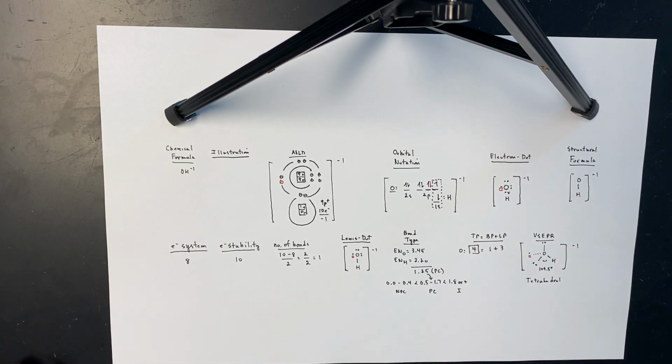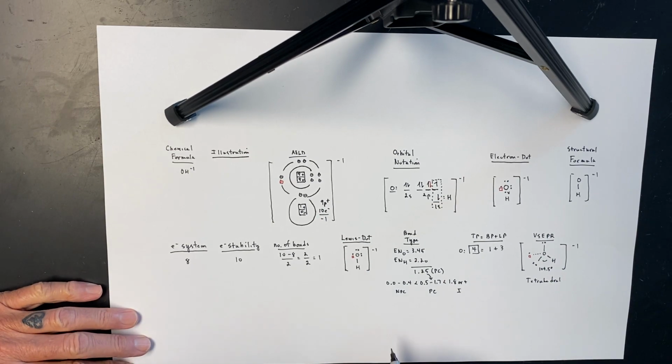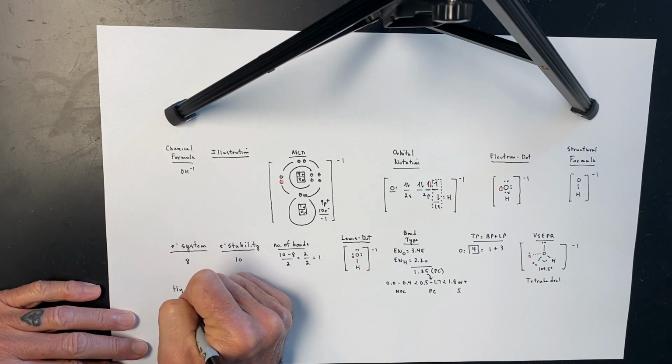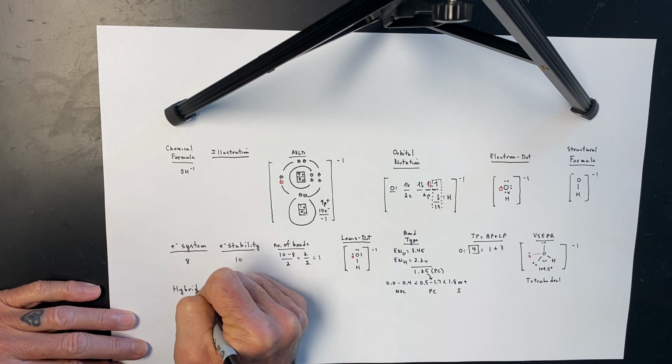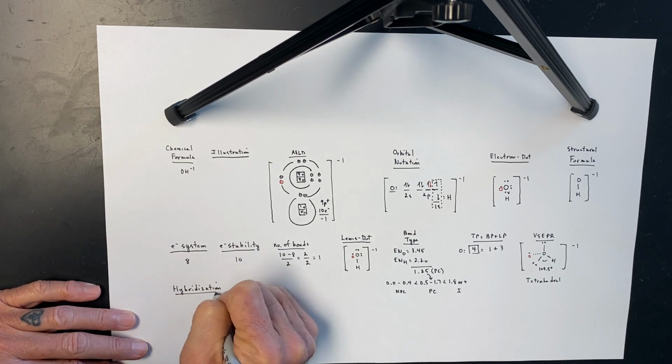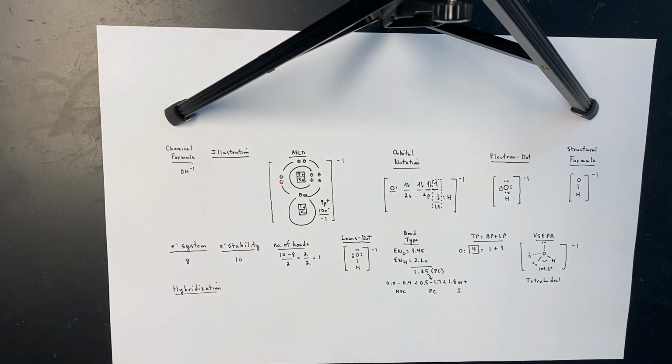So we're going to move on from VSEPR to the companion theory, which is hybridization. And hybridization theory differs from VSEPR in that VSEPR theory, valence shell electron pair repulsion theory, really is designed to predict the arrangement of electron pairs around a central atom that is not bonded.